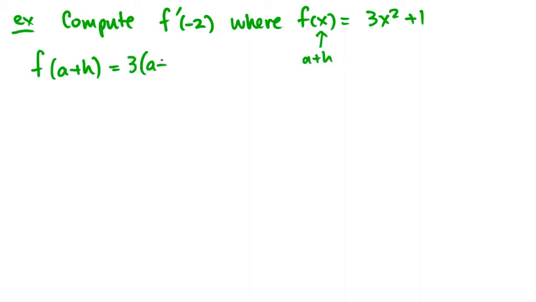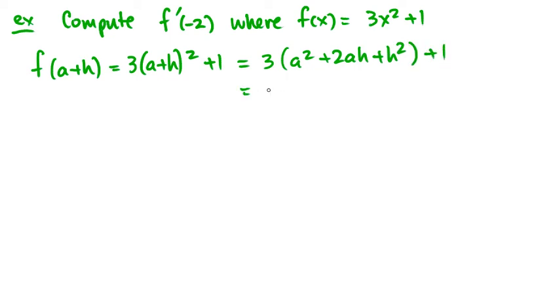So 3 times a plus h squared plus 1. And that gives us 3 times a squared plus 2ah plus h squared, plus 1, or 3a squared plus 6ah plus 3h squared plus 1. So a little bit of algebra.